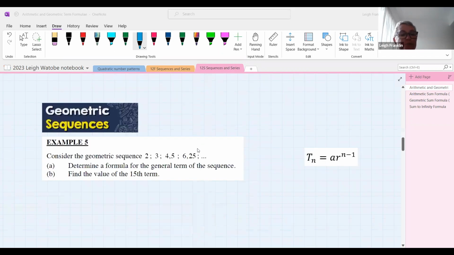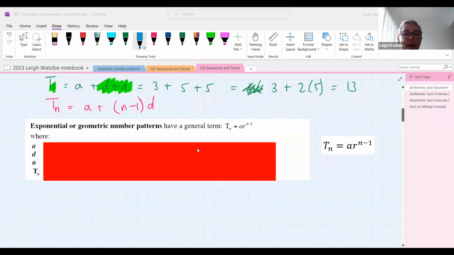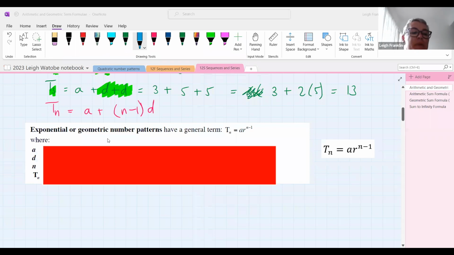Now I'm going to jump back and talk about exponential or geometric patterns in comparison with what we know about arithmetic patterns. Exponential or geometric number patterns have a general term, Tn equals A R to the n minus 1.